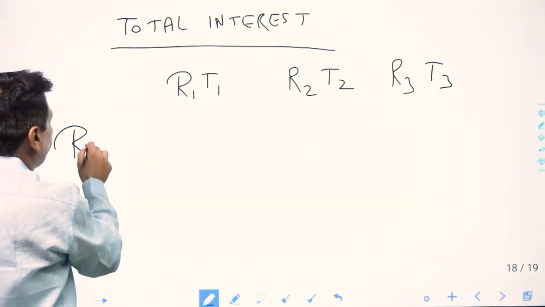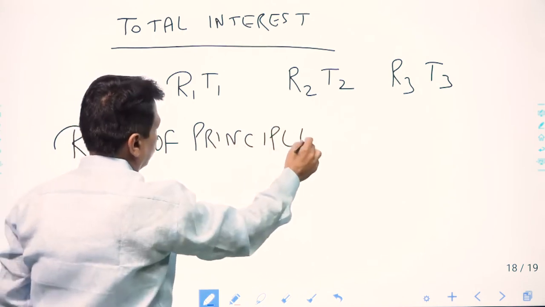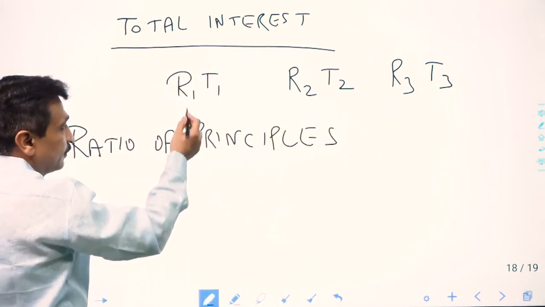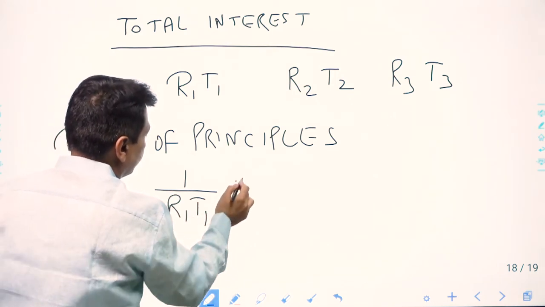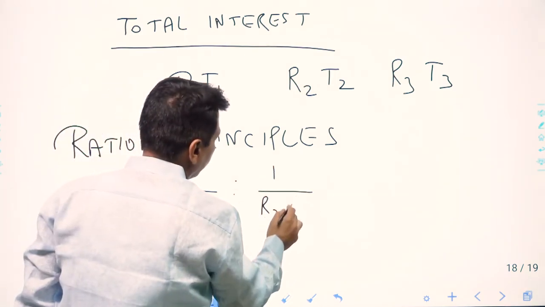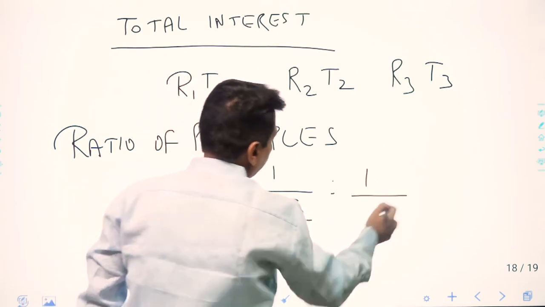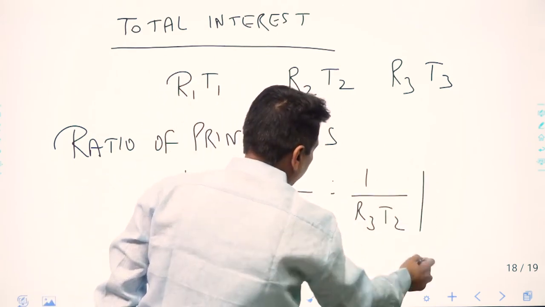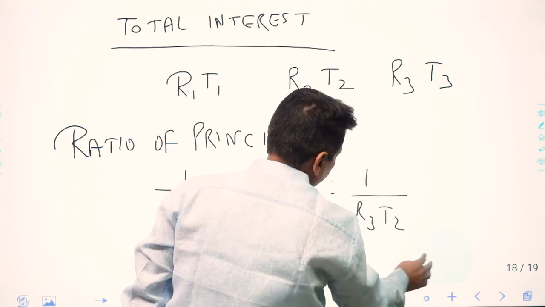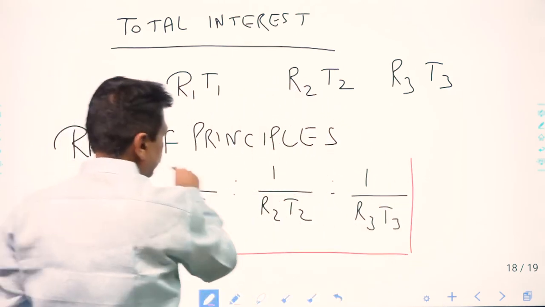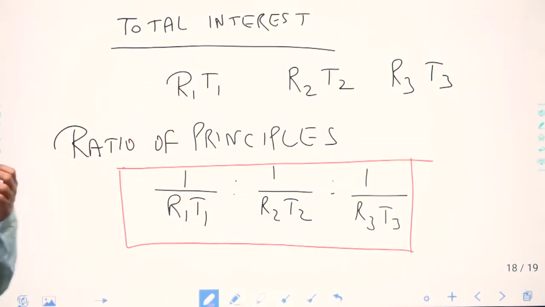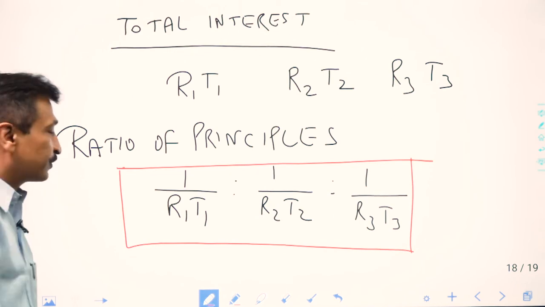So the ratio of principals is equal to the reciprocal of the total interest: 1 upon R1 T1, 1 upon R2 T2, 1 upon R3 T3. If there are 2 or 3 or 4, it does not make any difference. So this is the ratio of principals.